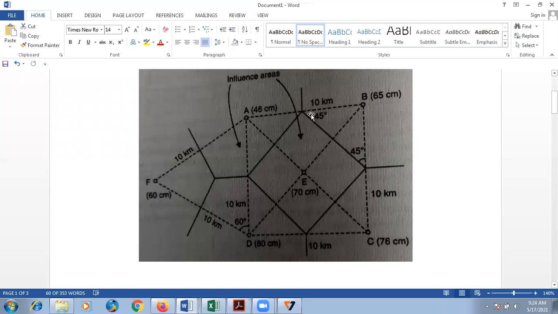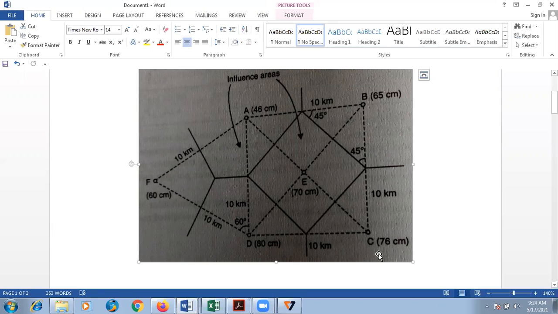For example, just look at the cursor I am running through. See this part of the area. This is the boundary, dotted line, and this is the polygon which we have drawn. So this triangle forms the area for rain gauge station B.